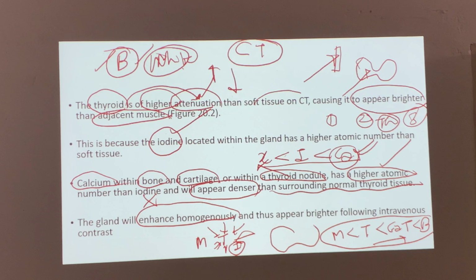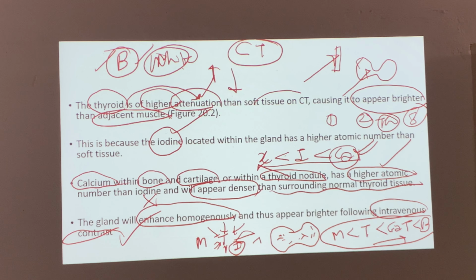It is just like a bride that has been made up for the marriage. Iodine acts like makeup for the thyroid gland and it brilliantly glows when we give intravenous contrast. That way you can understand how iodinated contrast helps in the homogeneously enhancing gland.